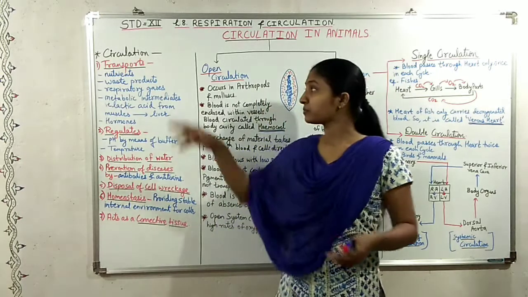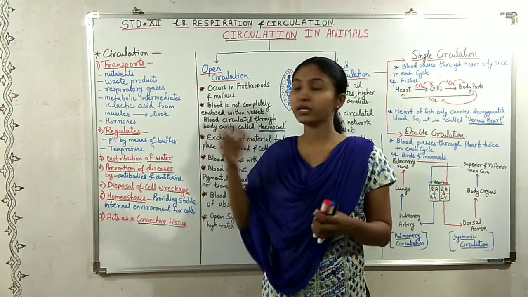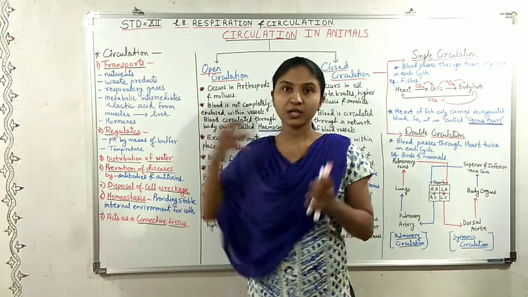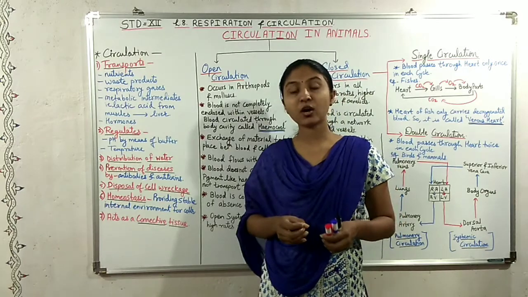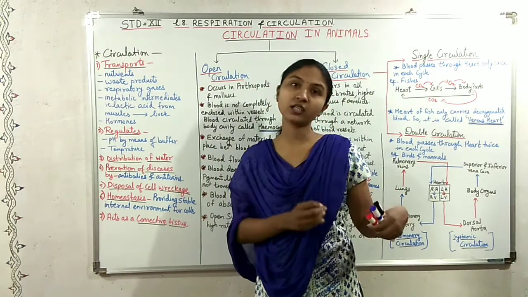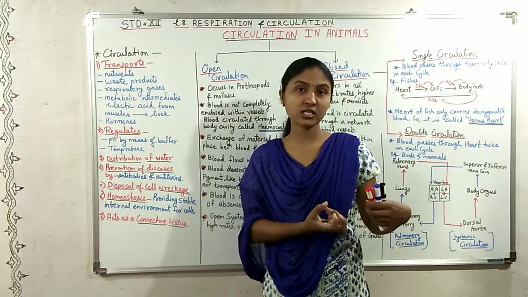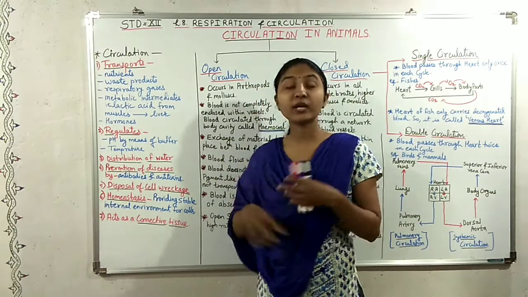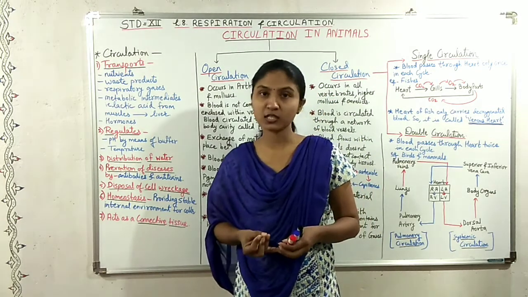This circulation transports nutrients which are taken inside the body. They are circulated by the blood from one cell to another cell in order to carry out various metabolic activities in the body.